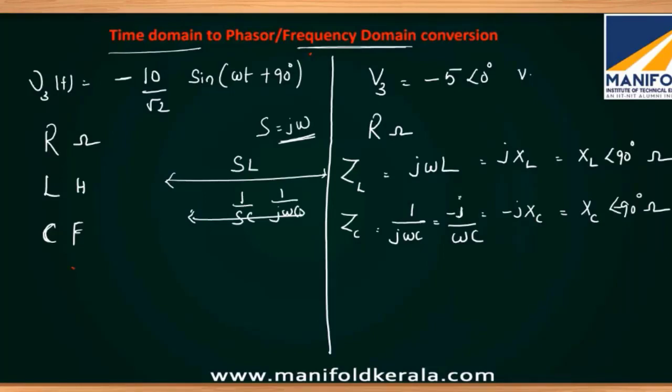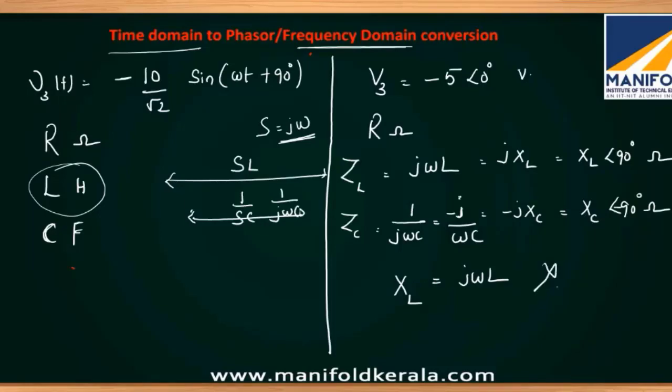So this is how your R, L, and C will change from time domain to the phasor domain or frequency domain. Resistance will remain the same. Your L will become j omega L. Your C will become minus j by omega C. The most common mistake students make is, if I ask XL, many people will write j omega L, which is a blunder.